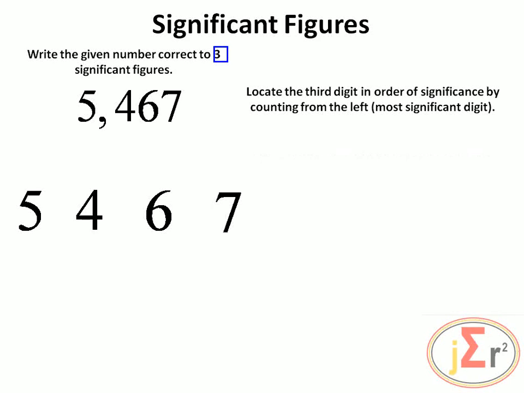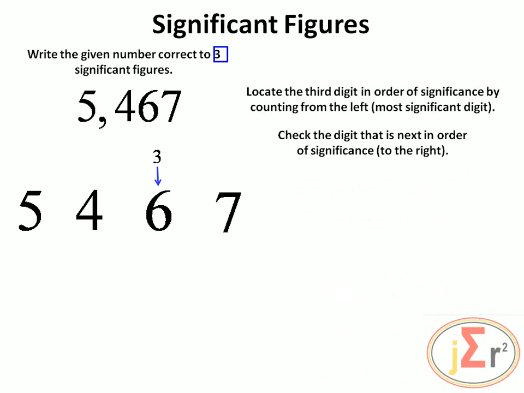Locate the third digit in order of significance by counting from the left, which is the most significant digit. That is where we're going to count from. So there we have it, that's the third most significant digit.